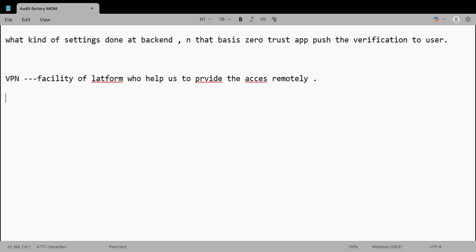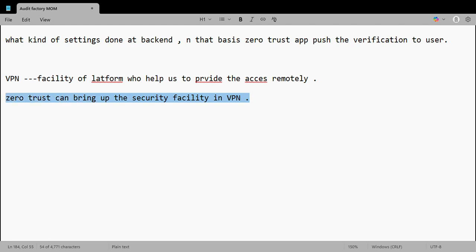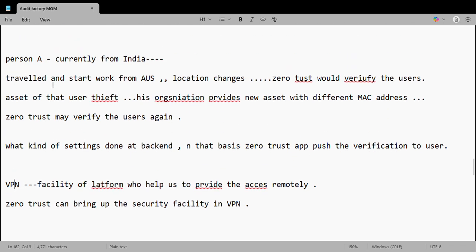Yes, one thing we can say is that zero trust can bring up the security facility in a VPN. For example, if any user is logging in from outside, we can implement zero trust in the VPN facility, and accordingly it may increase the authentication and authorization facility of the VPN. So this is how the answer should be made.